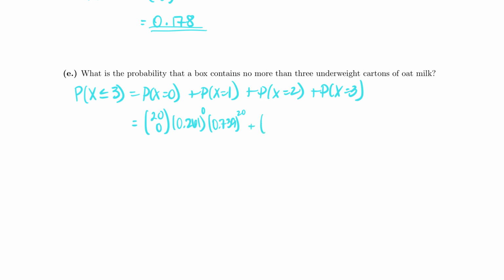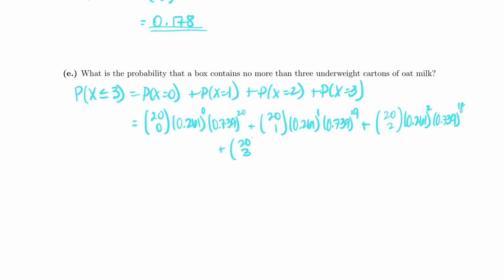Plus, now we'll do the same thing. We'll do 20 choose 1, 0.261 raised to the 1, its complement 0.739 raised to the remaining trials, plus 20 choose 2, our 0.261 raised to the 2, our 0.739 raised to the remaining 18, and then we'll also add in our 20 choose 3, with our success probability 0.261 raised to the 3 successes times our 0.739, the failure probability, raised to the remaining 17 trials.